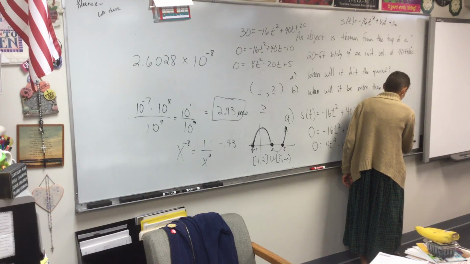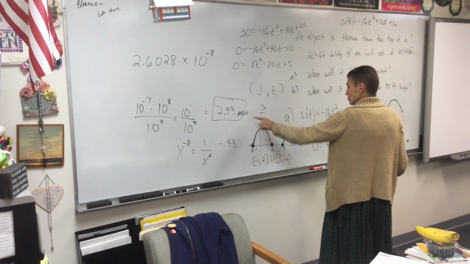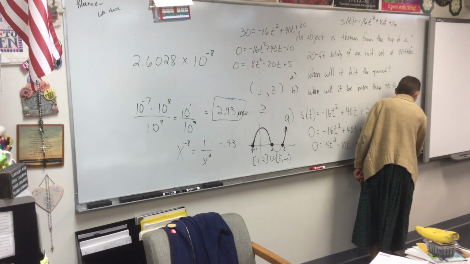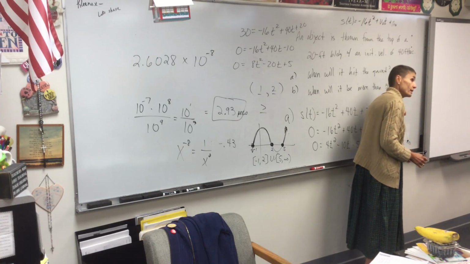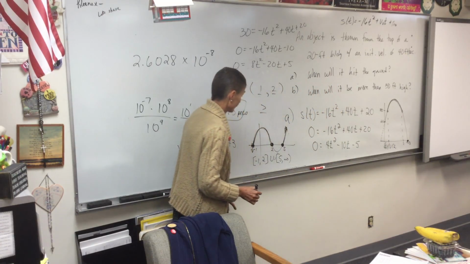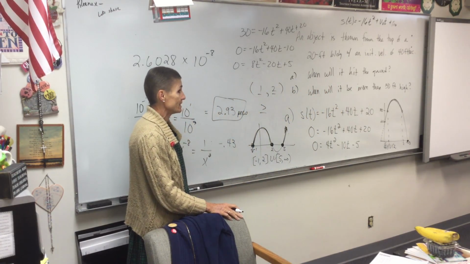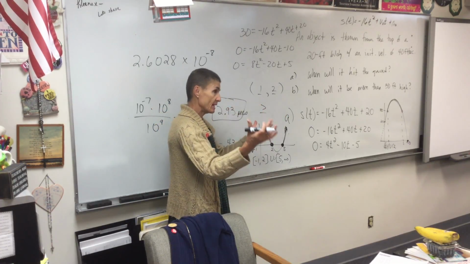And then 2 to whatever we said that we had, but was that 2.93? I think that was 2.93 when it hit the ground. So it would be between 2 and 2.93. Now there's no infinities in this because you have a definite starting time and you have a definite ending time.